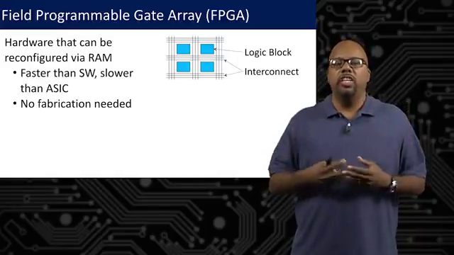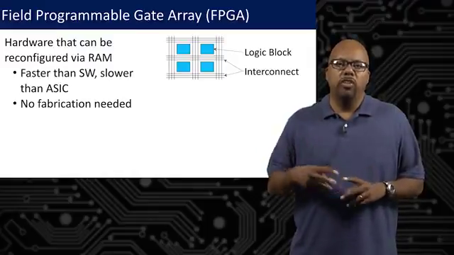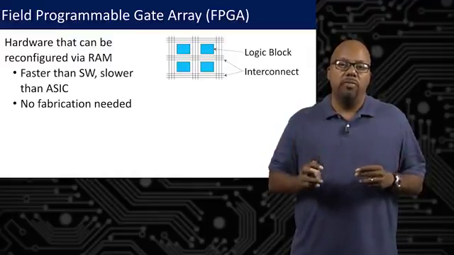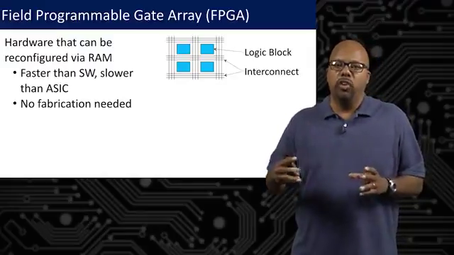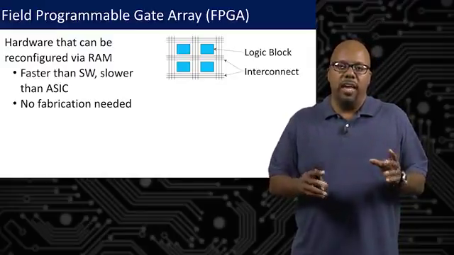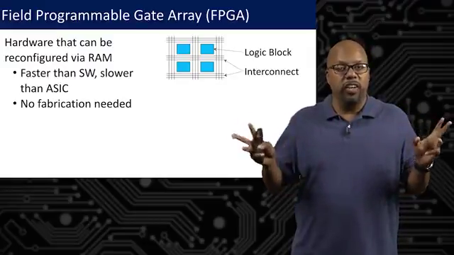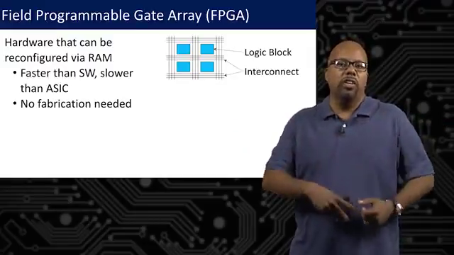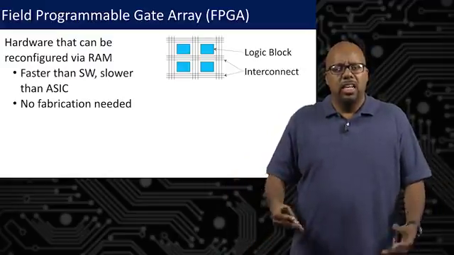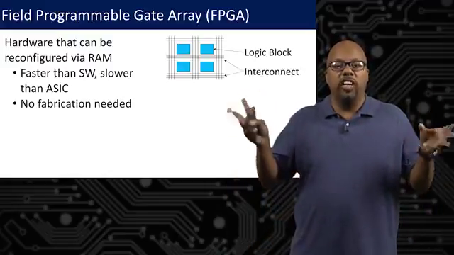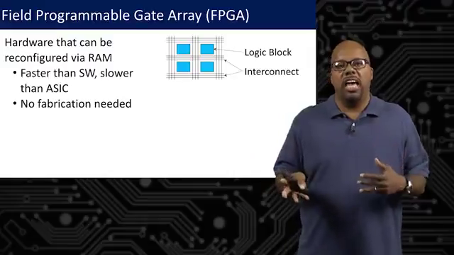So let's say you need something to do audio filtering. So you might configure the FPGA to perform filtering. So it's a hardware device that will perform filtering because it's been wired to do that. But then you can reconfigure the device to rewire it so that it performs MPEG encoding instead or something like that. So you can rewire this thing so that it can perform different tasks.